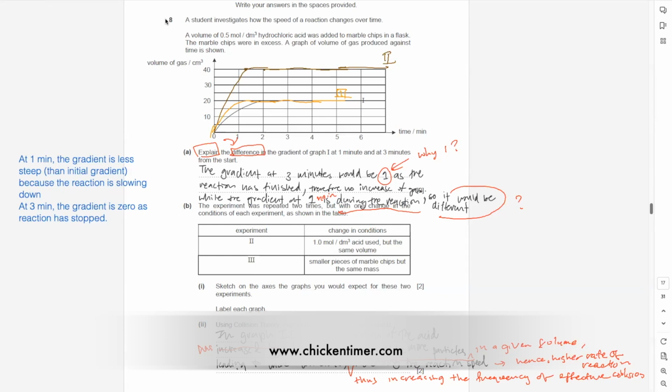This word is very important because only effective collisions lead to a reaction. So increasing the frequency of effective collisions gives a higher rate of reaction. Saying more collisions alone is pointless, because you can have many collisions that are all useless.